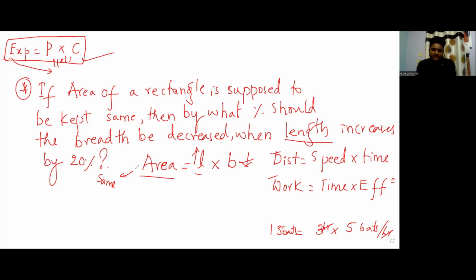Understanding this? So do it in a very similar manner, using the price into consumption concept. And write these remaining formulas also. We can use it in any formula where it is a product of two things. So find out by how much your breadth should be decreased to maintain the same area.